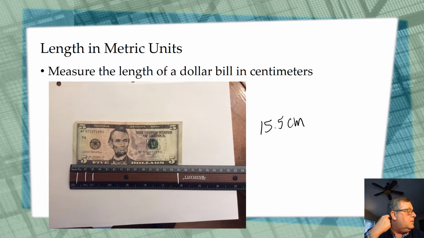So all measurements are approximate depending upon the smallest unit of measure available in the measuring instrument, and this looks to me about 15.5. You could call it 15.4, but I think it's 15.5. A little hard to see probably for you on the screen. It's hard for me to see without blowing this picture up. So let's go look at another one.